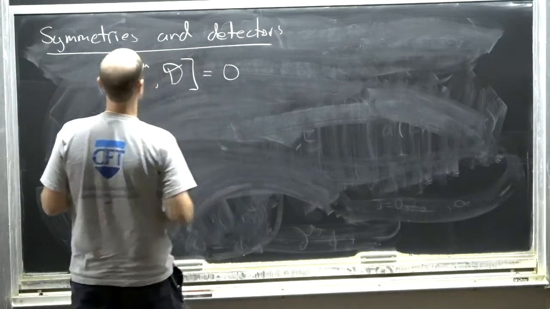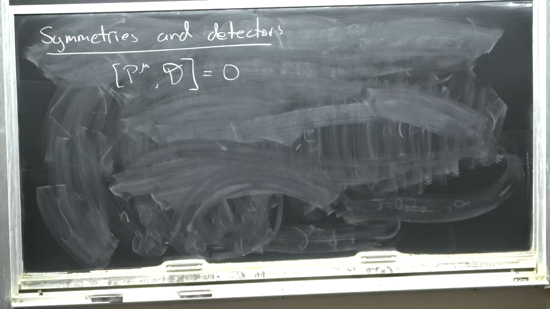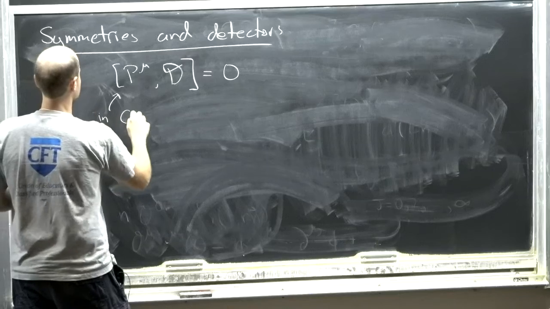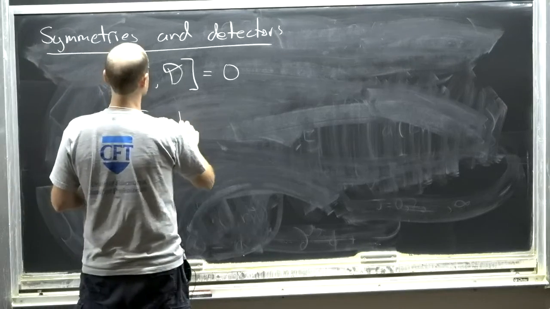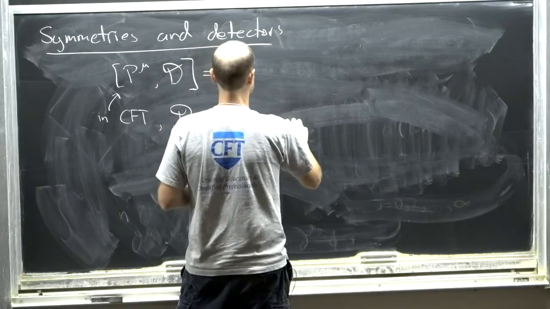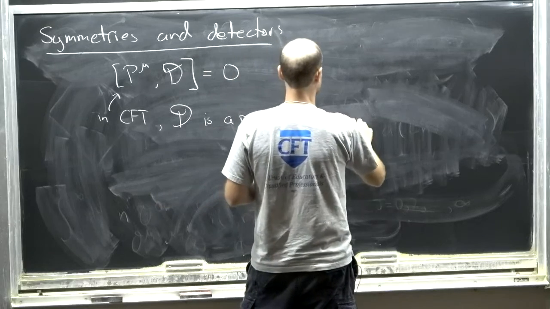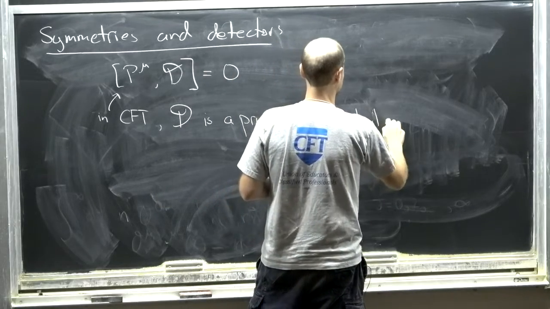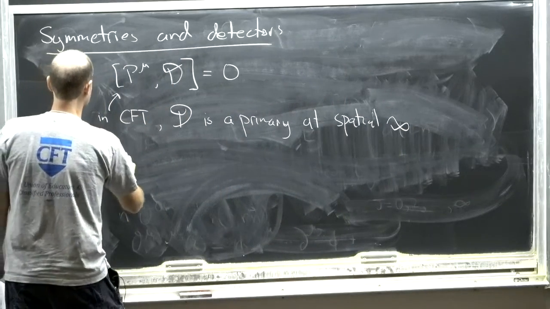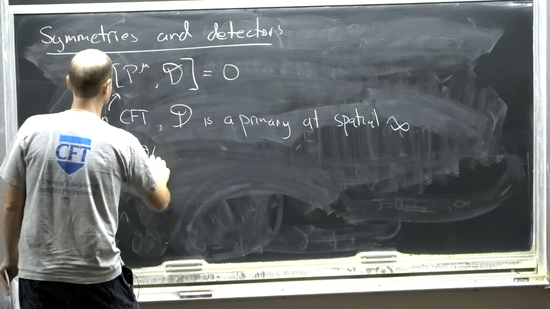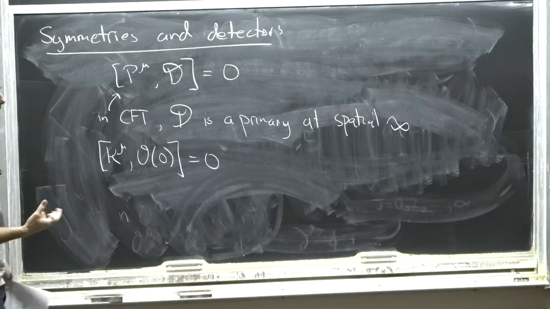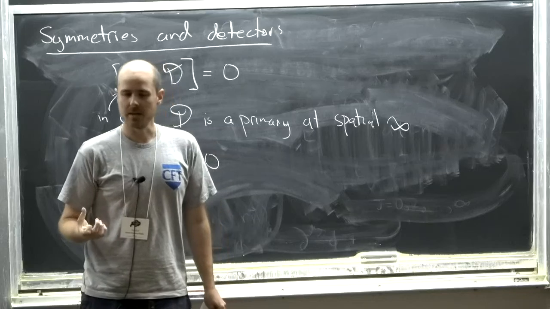I'm going to try to write my detectors as curly D to distinguish them from the dilatation operator. In a CFT, there's a nice way to phrase this. This means that the detector is a primary at spatial infinity. So just to remind you, a local operator at the origin is primary if it's killed by the special conformal generators. In a CFT, you can define a local operator at infinity using an inversion.